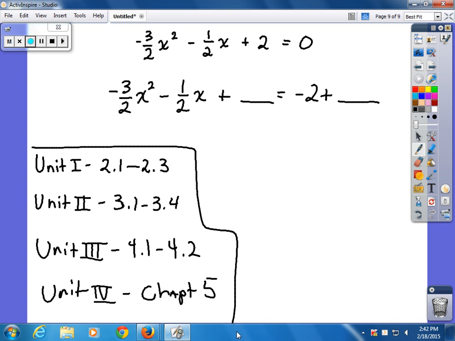The 28th is fine. Those are the full tests? Yeah. Right now, we're finishing up 3.4. And I'm going to probably put up a test on Unit 1 and Unit 2 in the next week. We will talk about that after we do this problem.